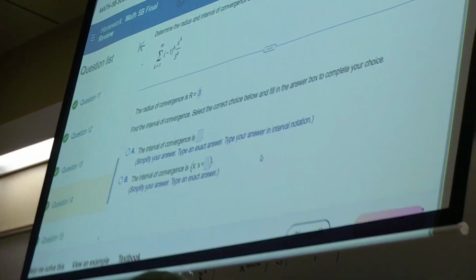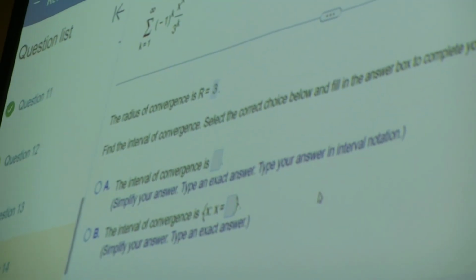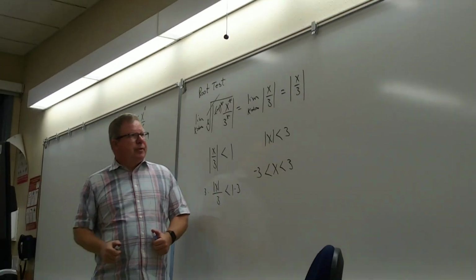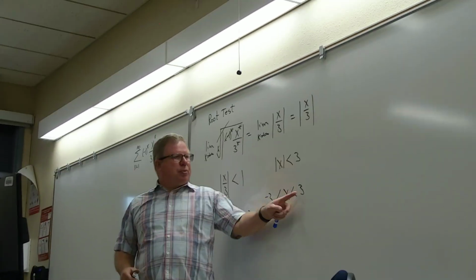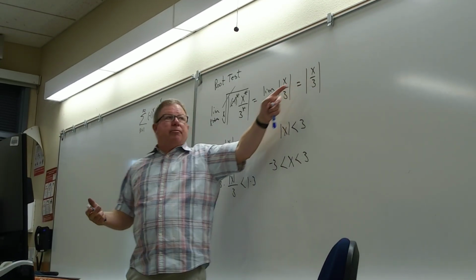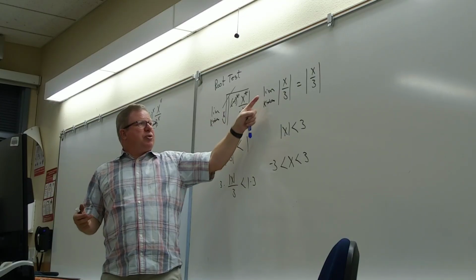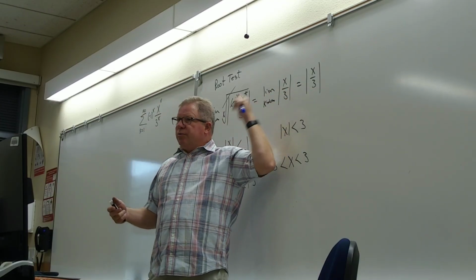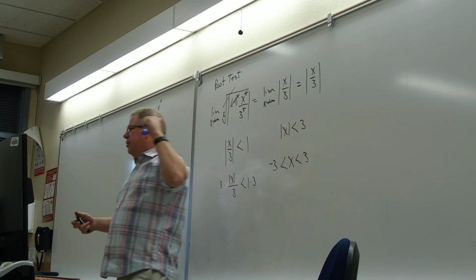But now it wants the interval of convergence. Well, the problem is, if we put either -3 or 3 in for x, we get 1, don't we? And by the root test, when this limit is 1, the root test is inconclusive.